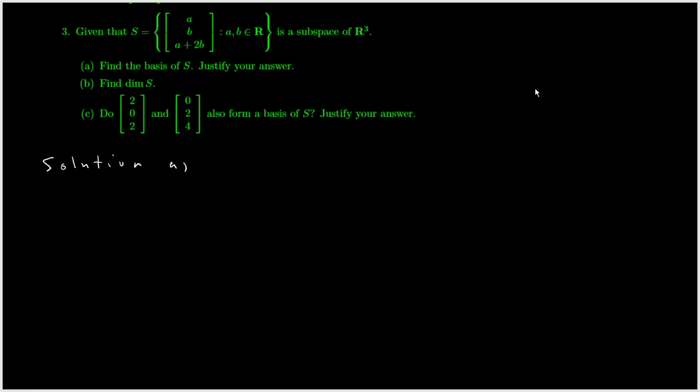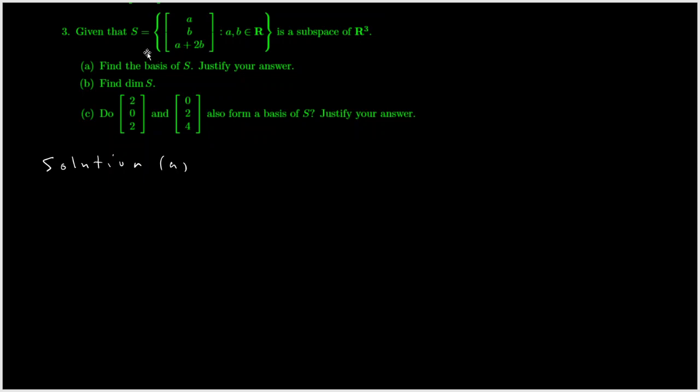In question A, to get a basis, we want to get a collection of vectors of S satisfying two conditions. The way to get the two vectors from S is the same as before. In the set, A and B can be any real numbers, and then the third component is A plus 2B. We get two vectors.